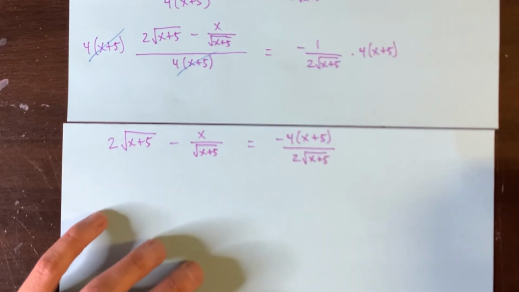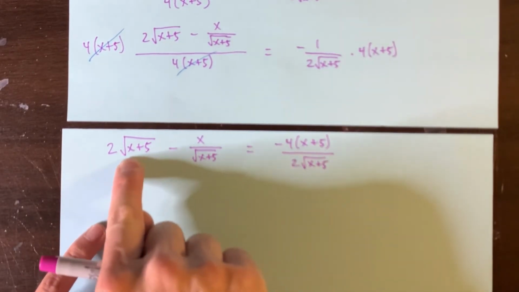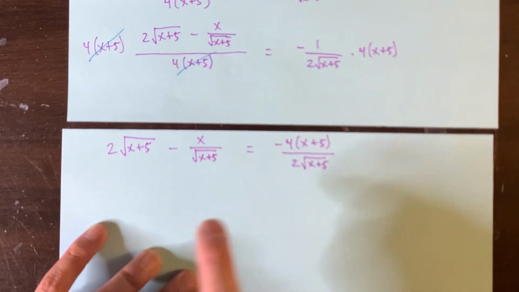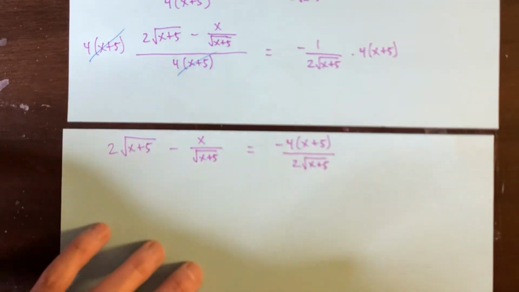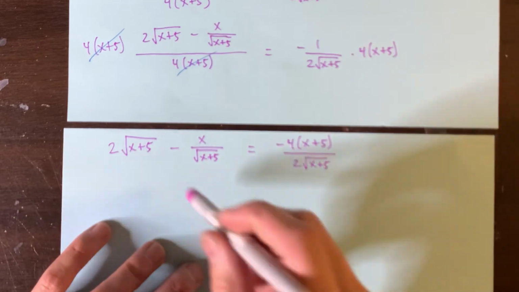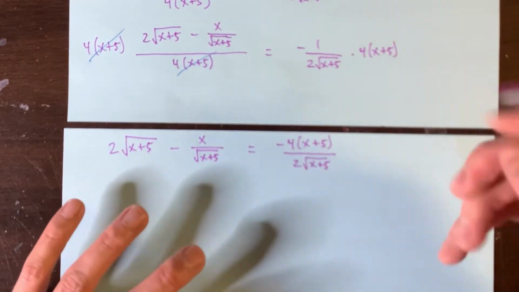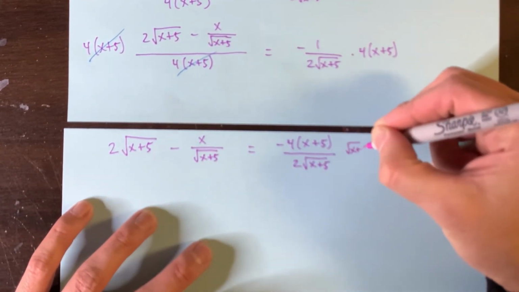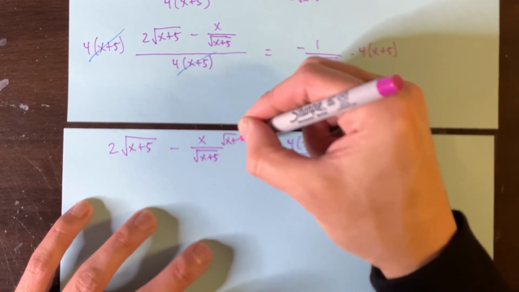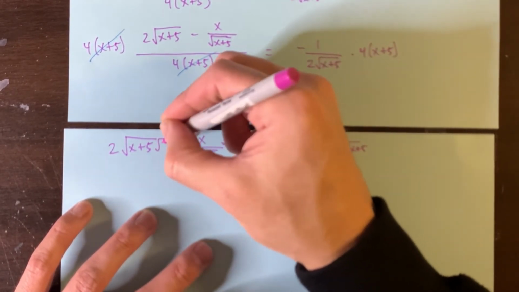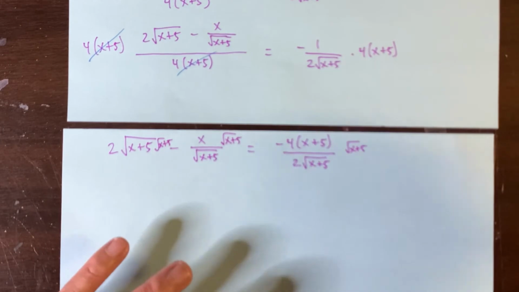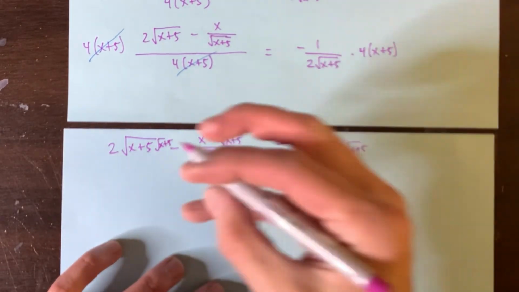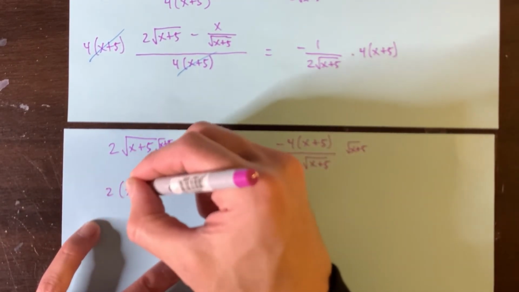And now what I'll do is I'll multiply each term by square root x plus 5. Every term gets multiplied. Multiply this and this and this by square root x plus 5. We have permission to do that. You're multiplying both sides by the same non-zero quantity.